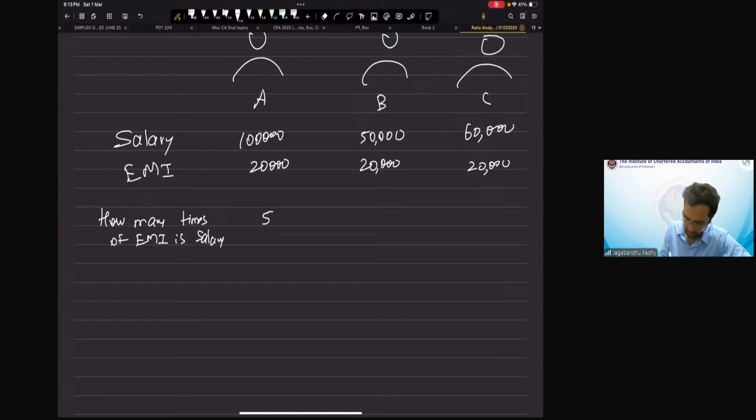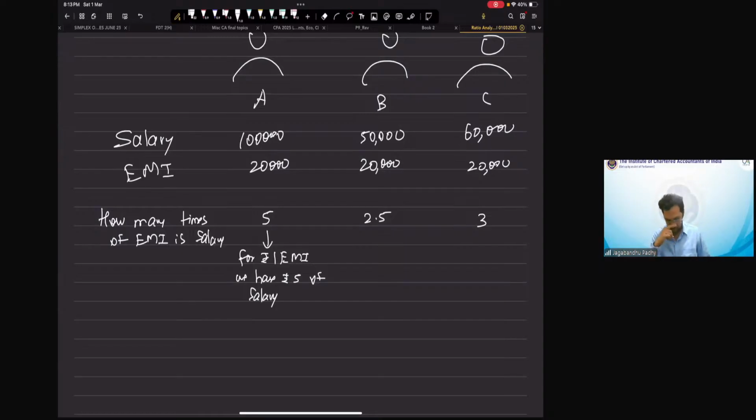So here it is 5, 2.5, and 3. This means for rupee 1 of EMI, we have rupees 5 of salary. For 1 rupee EMI, we are having 5 rupees of salary.